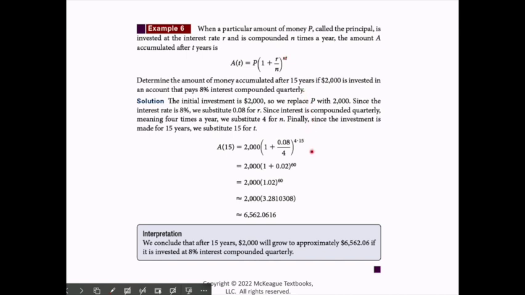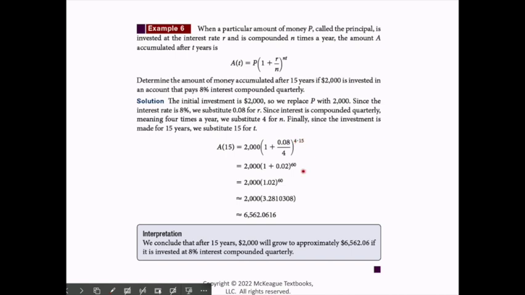So when we set this up using function notation, your t is your input for 15 years. So P is our principal, that's our initial value or our initial deposit. 0.08 is our APR, compounded 4 times a year, and then a total of 60 because we're taking 4 times 15.